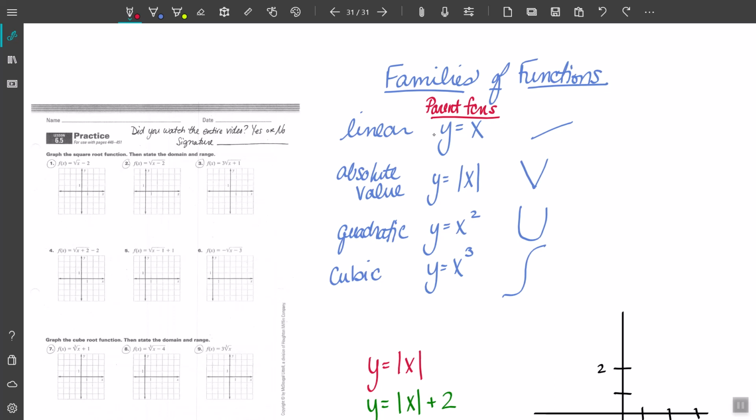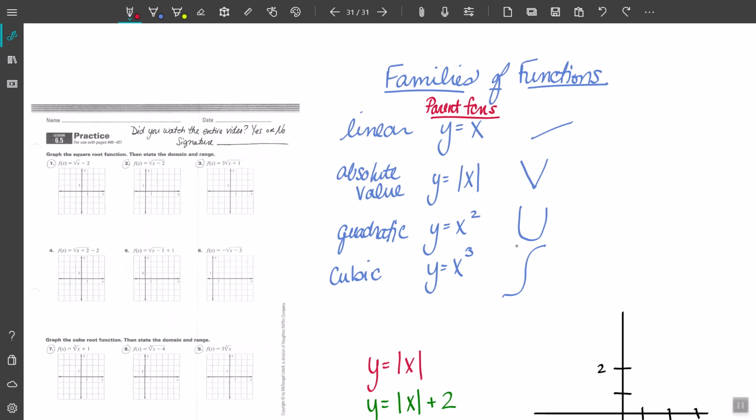So we know linear, the parent function is y equals x. It's going to take this straight line graph. We have absolute value, which we did at the beginning of the year in Algebra 2, which is y equals the absolute value of x, and it always has this V shape to it. We did our quadratics. Like I said, we did this in Algebra 1 at the very end, and we've done a lot with this now.